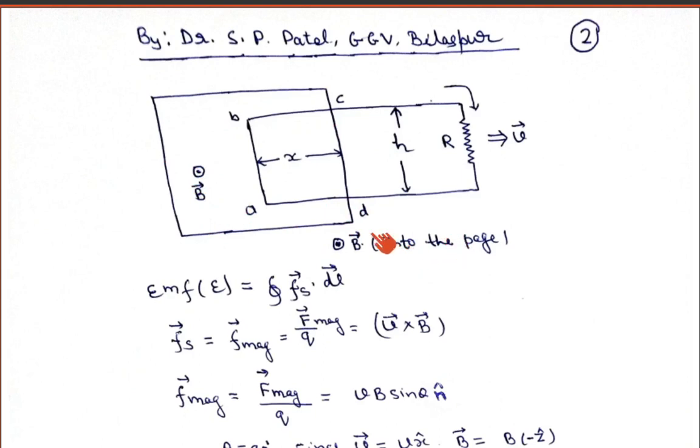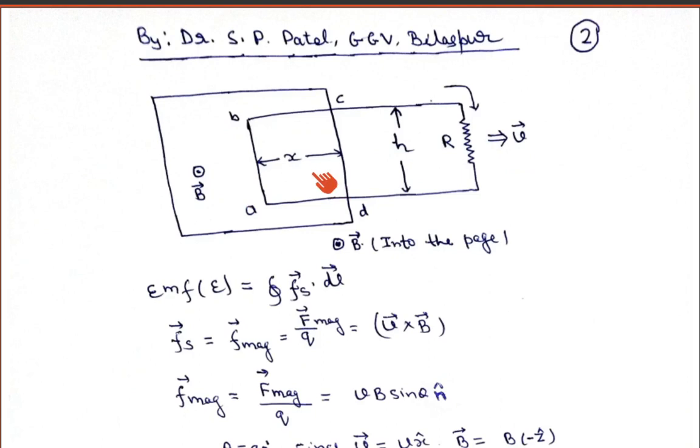Then we have a loop arrangement, and this loop is connected with a resistance. This resistance may be a bulb, a fan, or anything, just measuring the current or voltage. Some part of this loop is present in the magnetic field, and some part is outside of the magnetic field.